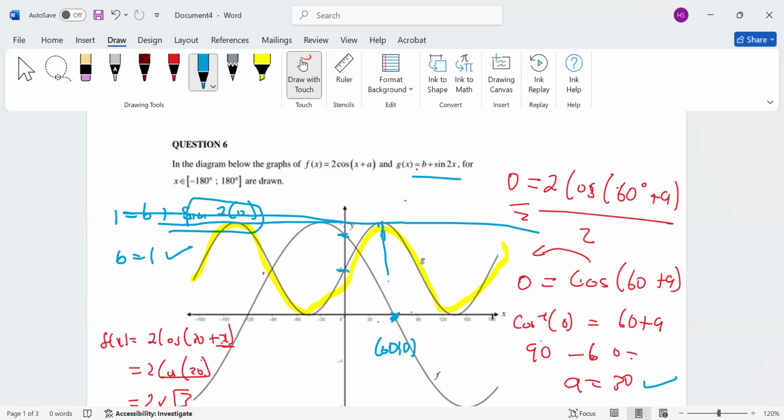It's 60, and the other one? I think 120 maybe.